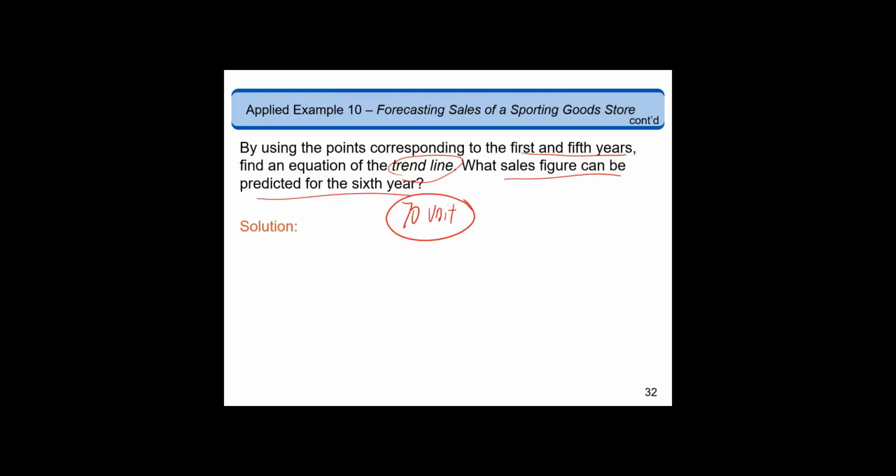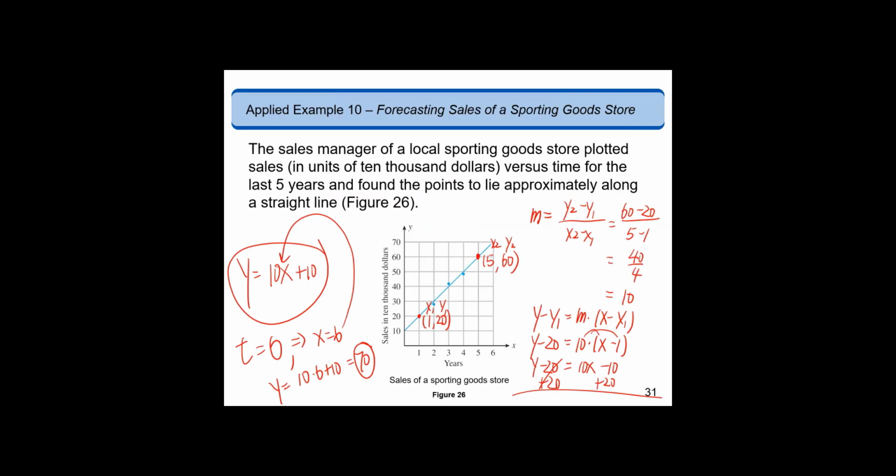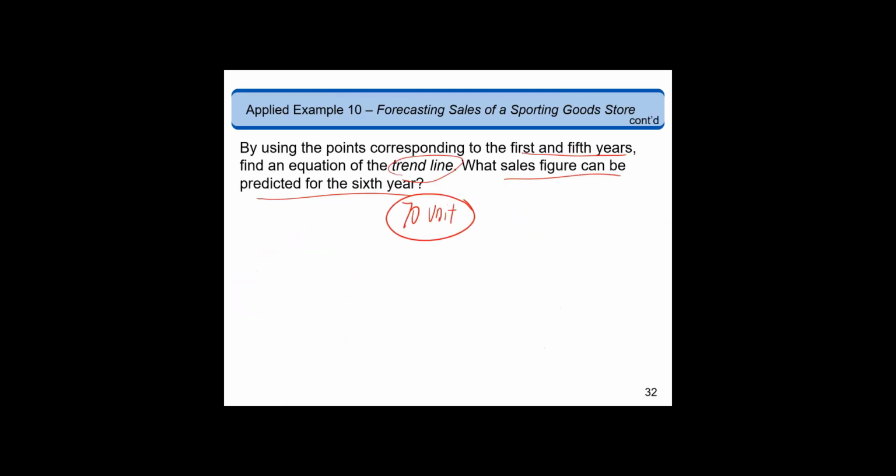Basically, we just utilized what's given from the graph, and then came up with the equation of the line. From there, we estimate the sales for the future. Using this regression model or straight line model to make predictions about the future is very convenient.